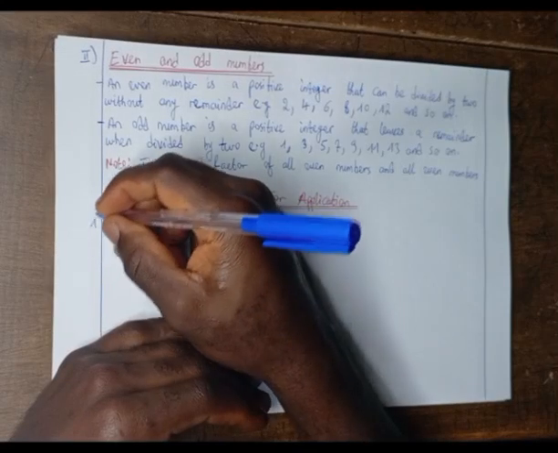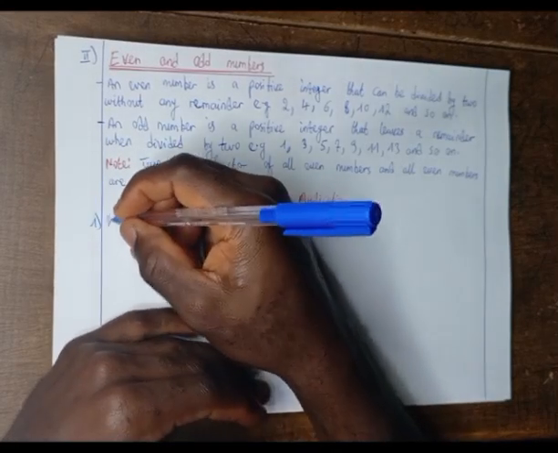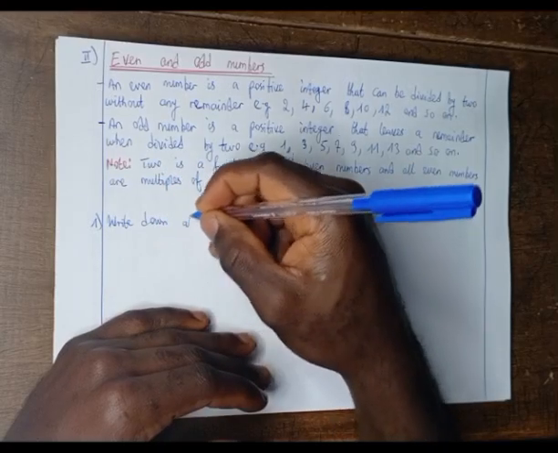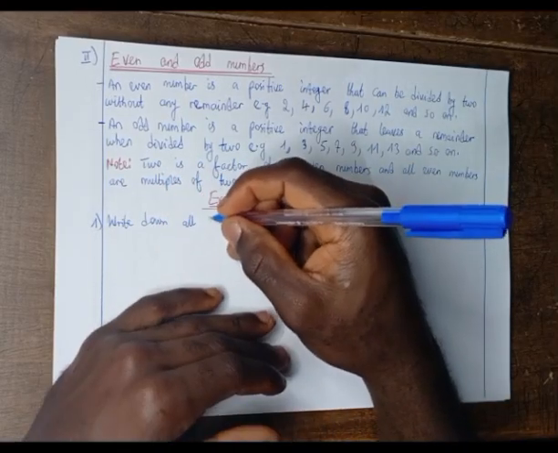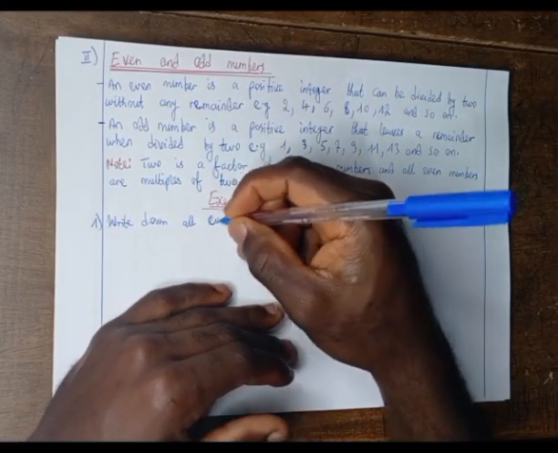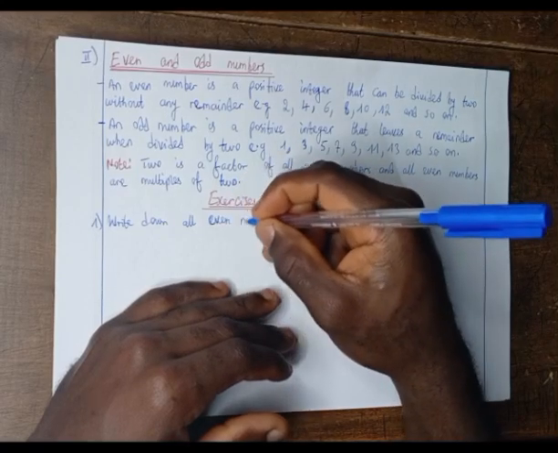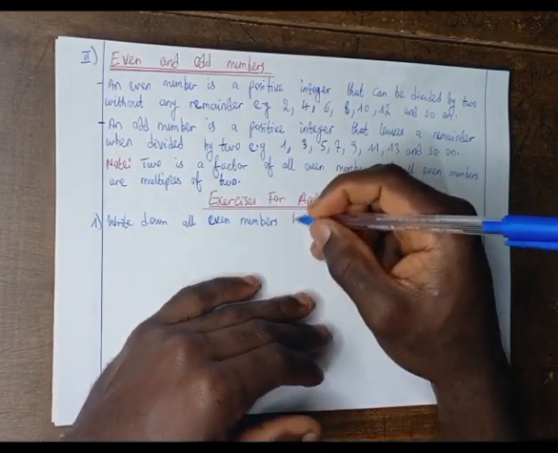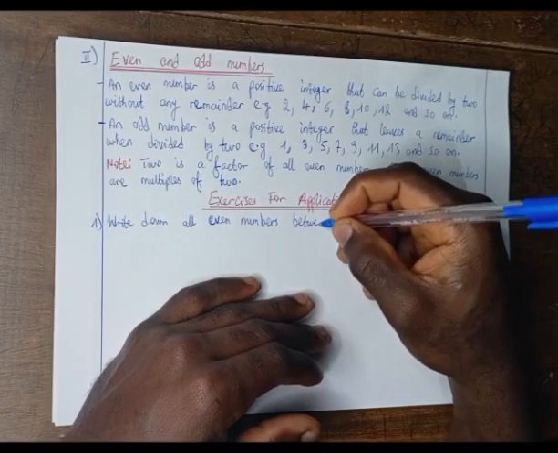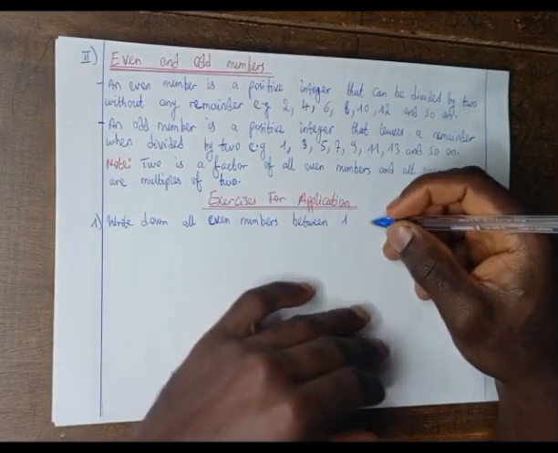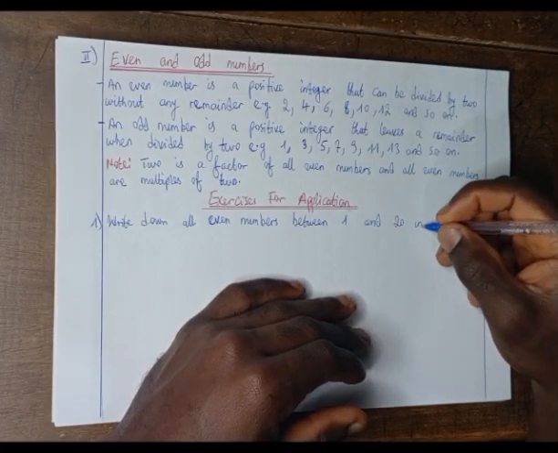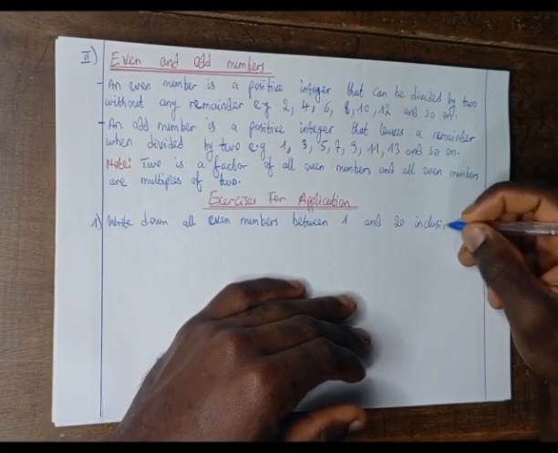Question 1 goes, write down all even numbers between 1 and 20 inclusively.